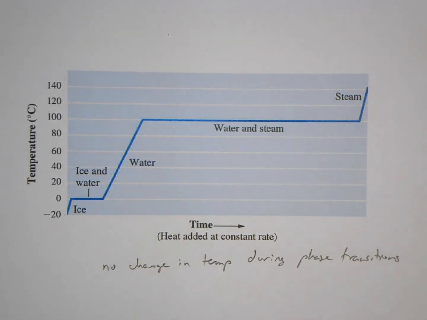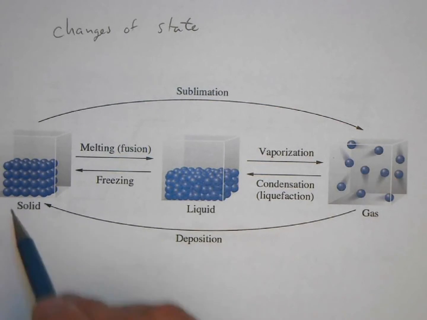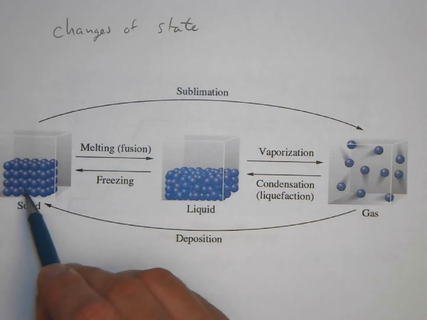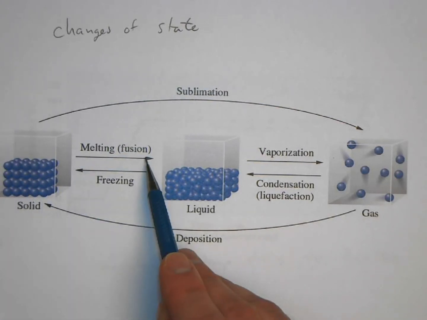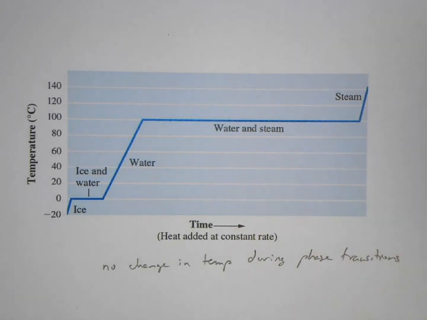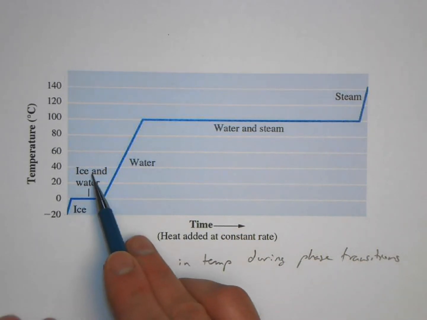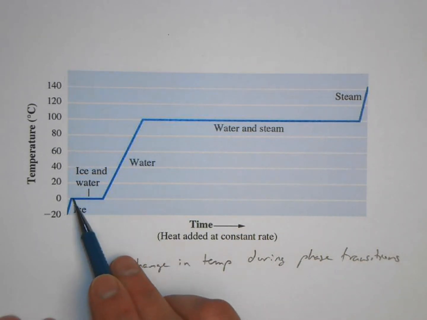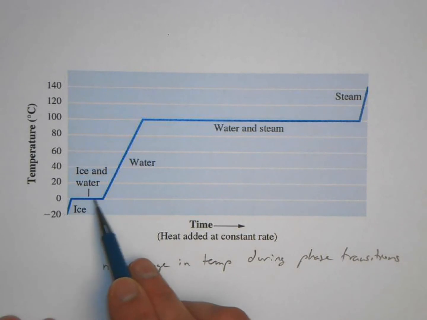At that point, what's happening is we're starting to put energy into our solid to melt it into the liquid phase. Now, because of the heat of fusion, the energy required to bring a transition from the solid to the liquid at a melting point, we have both ice and water existing at the same temperature.